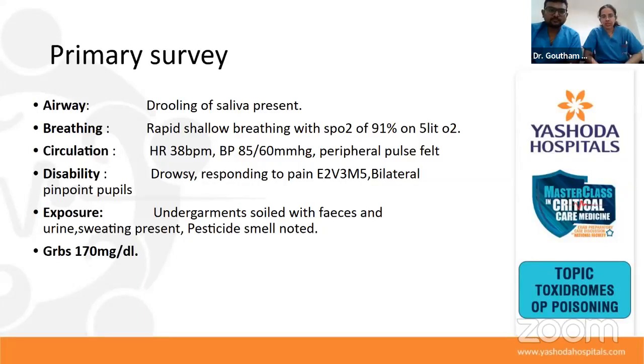Disability, the patient is drowsy but responding to pain. Bilateral pupils are pinpoint and sluggishly reacting to light. Exposure, there is a strong pesticide smell coming from the patient and the undergarments are soiled with feces and urine. Excessive sweating is also noticed. The random blood sugar at this time is 170 milligrams per deciliter.